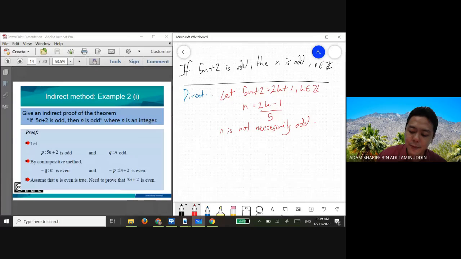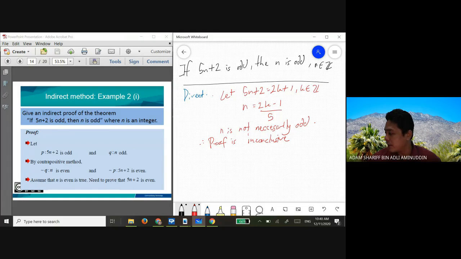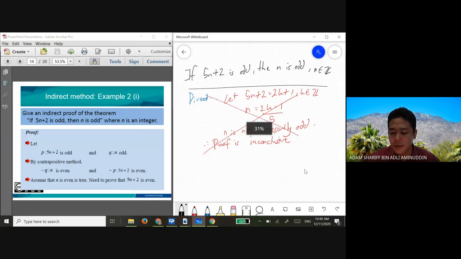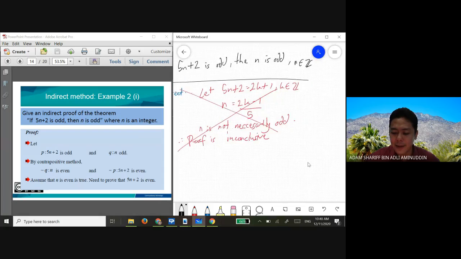So this proof is inconclusive actually. Atau is vague lah, is ambiguous. So actually you cannot use this. So let's try to change it into an indirect method.